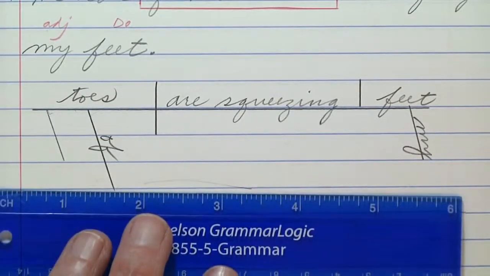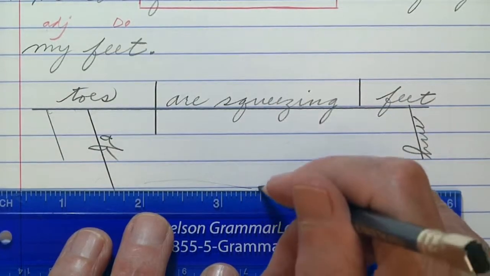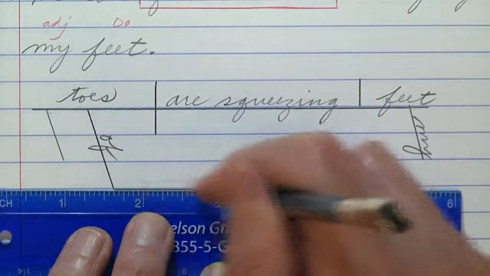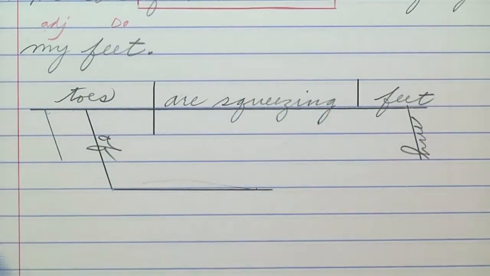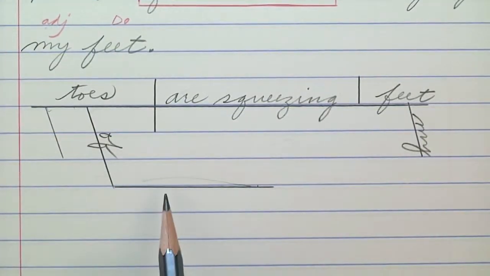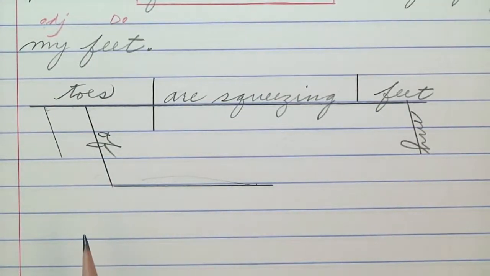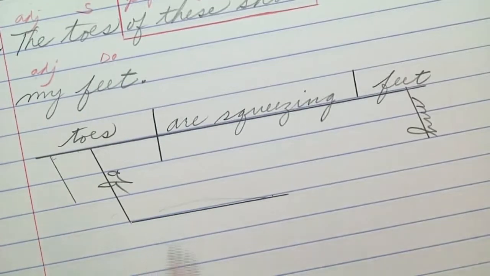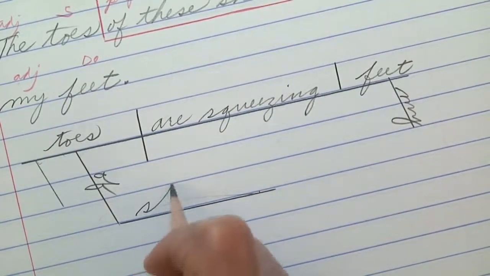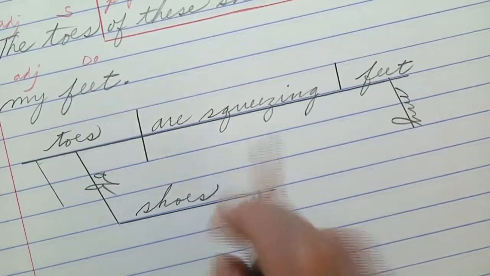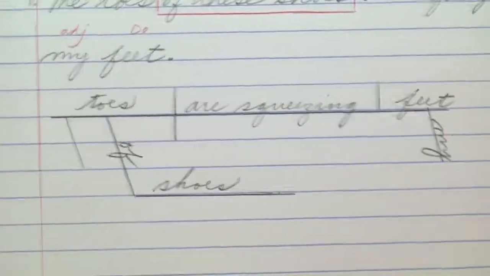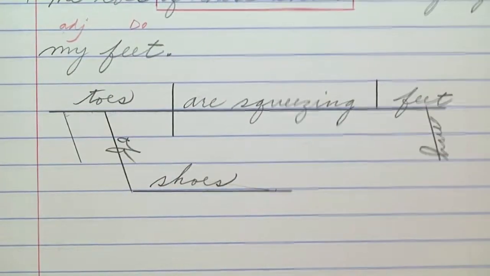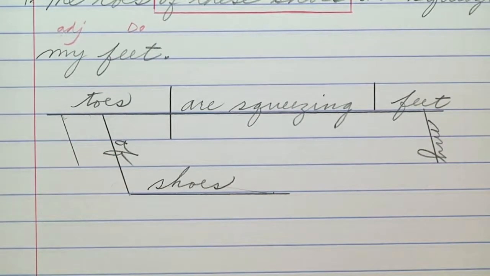So, of, we're going to draw this line right here on the bottom of what? Of shoes. Shoes is the object of the preposition of, and so I'm going to write shoes on the horizontal line at the bottom of shoes.